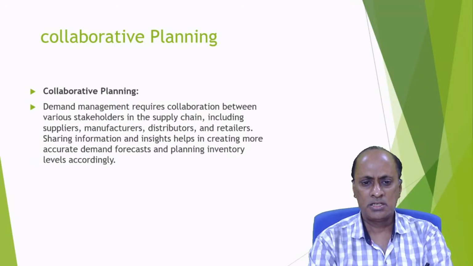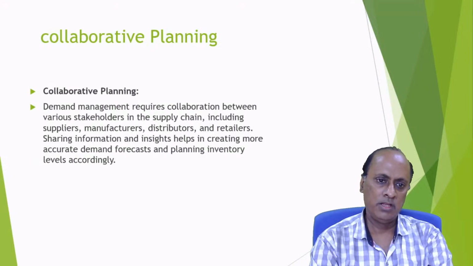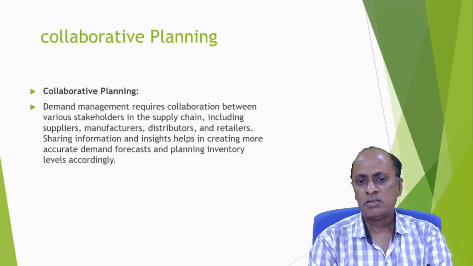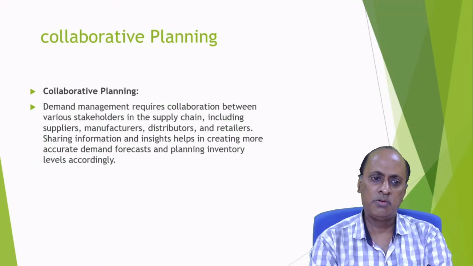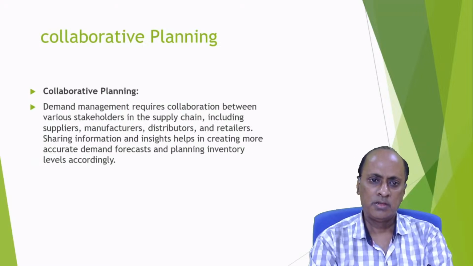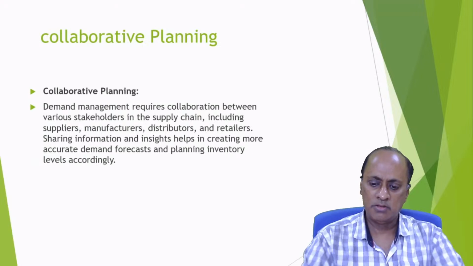Demand forecasting will be accurate and will help organizations whenever there is good collaboration between the various stakeholders. Collaboration means sharing accurate information between all the stakeholders so that we can easily plan.